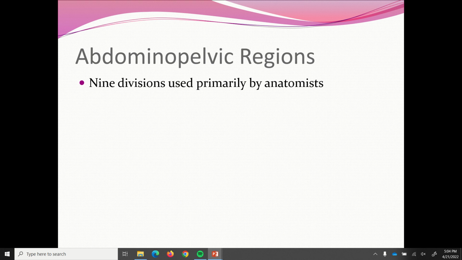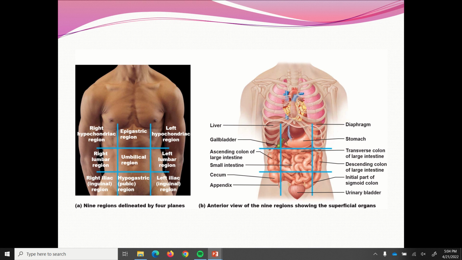The abdominopelvic regions are 9 divisions of the abdominopelvic region, which are used by anatomists. They include the umbilical region for the belly. Superior to that is the epigastric region above the belly. Inferior to that is the hypogastric or pubic region below the belly.